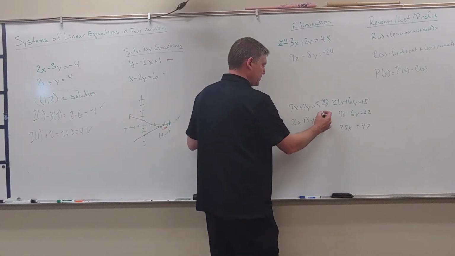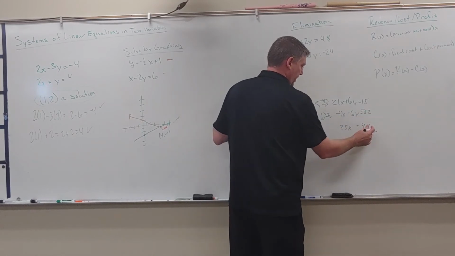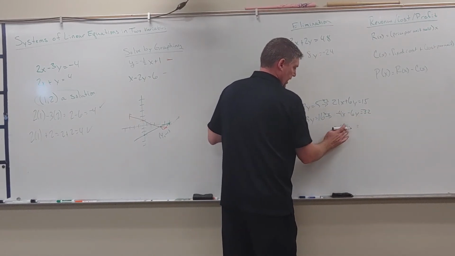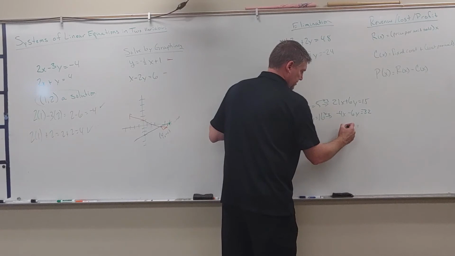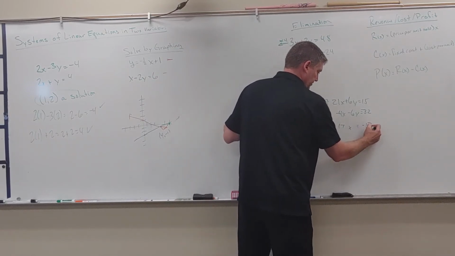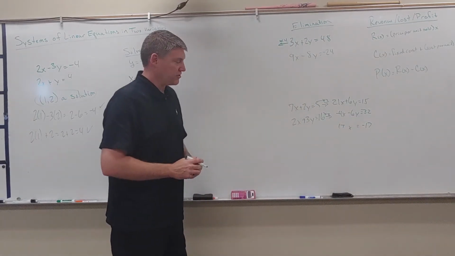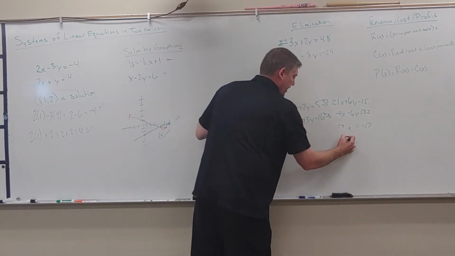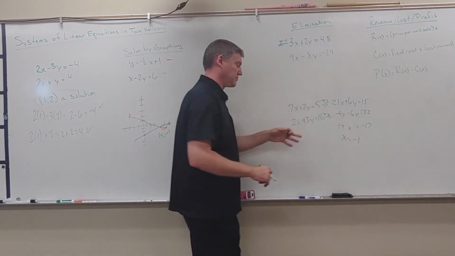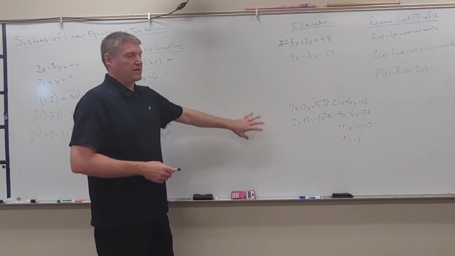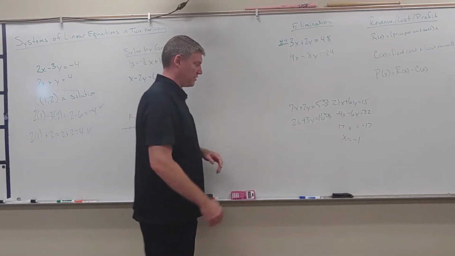This was supposed to be a plus, which is going to force all these to be negative, which helps a lot, because that gives me 17. This gives me negative 17. So make sure you write down the problem correctly. So x equals negative 1. Most of these are going to be whole numbers.